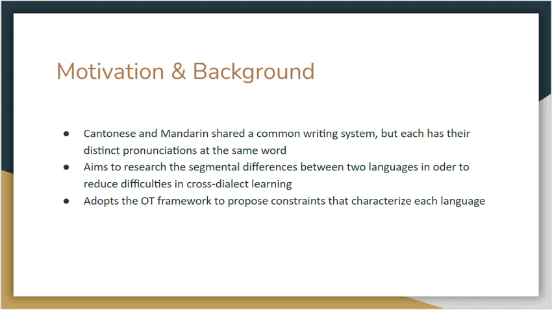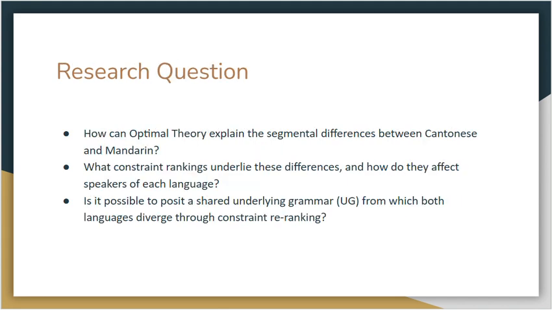And I would like to adopt the Optimality Theory framework to propose constraints that characterize each language. So the questions for this research are: how can Optimality Theory explain the segmental differences between Cantonese and Mandarin, what constraint rankings underlie these differences, and how do they affect speakers of each language?